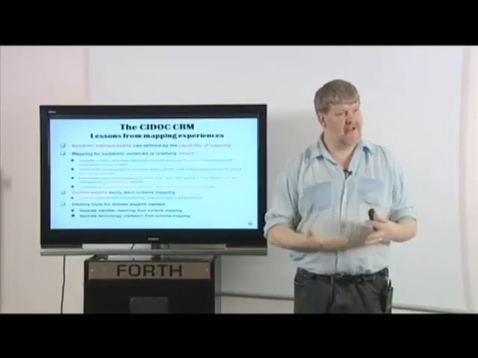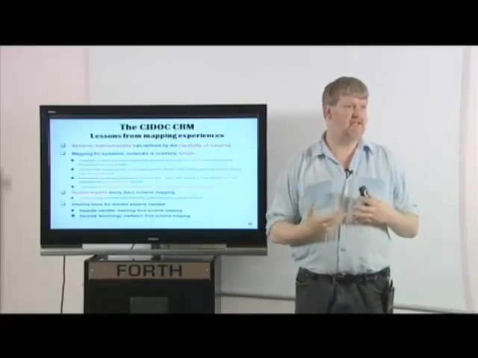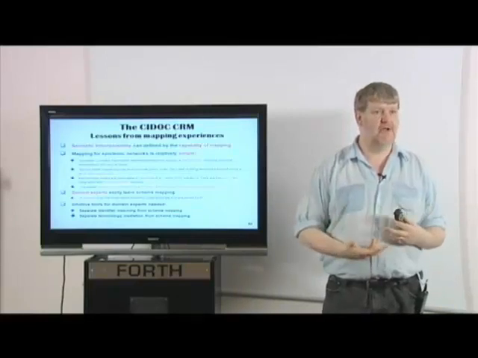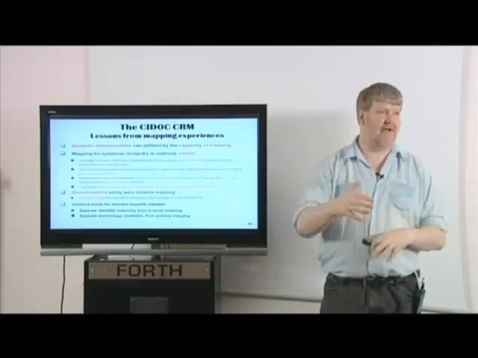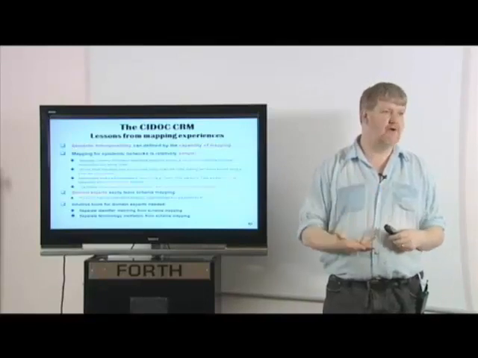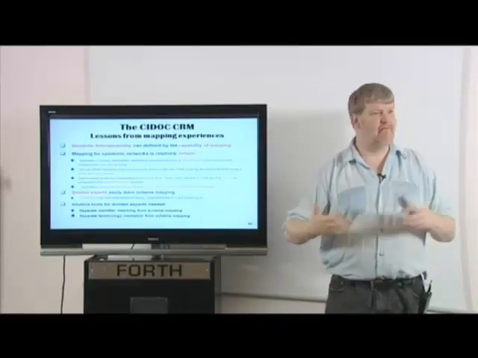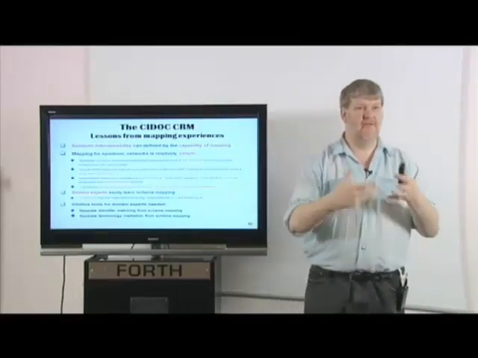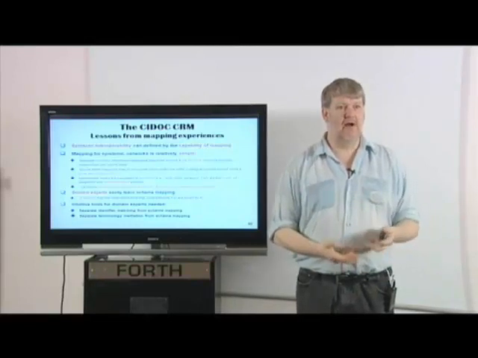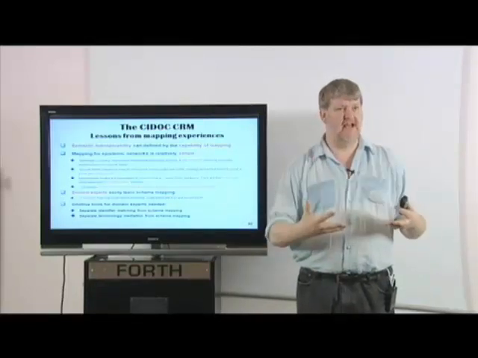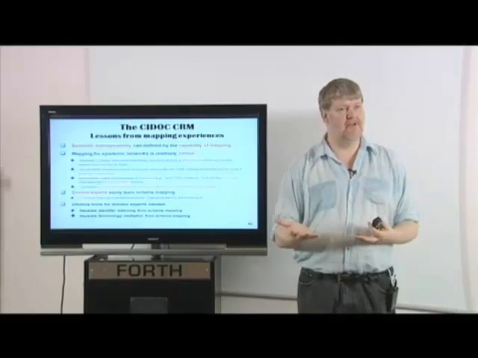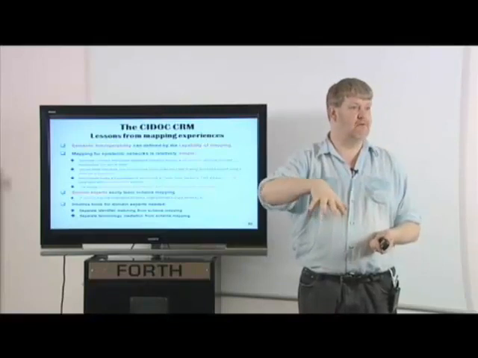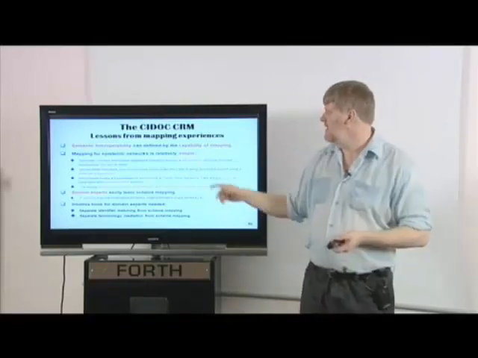If you just get a piece of text about something with no structure in the text, we have very little ability to produce semantic interoperability with just that text. Whereas if the data is all broken out of that text, then we get much richer semantic interoperability because the semantics from that free text have been extracted and made available to us to process. So the capability of mapping of a particular data source will show us how semantically interoperable that data source is.